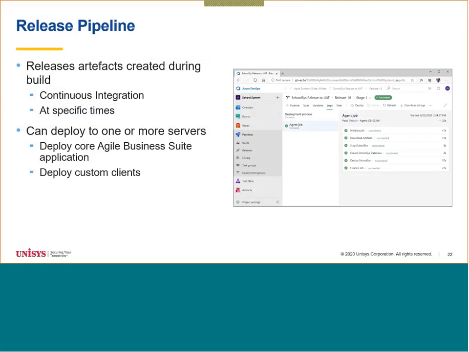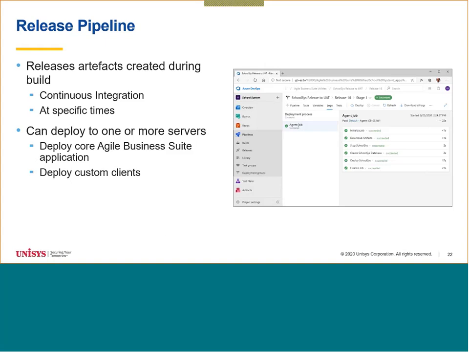Similarly with Azure Release Pipeline, you can configure it to release continuously. Every time there's a build, do a release. Or again, at certain times, the same way as you can do a build. Maybe at 5 a.m. every morning, we're going to trigger a release.